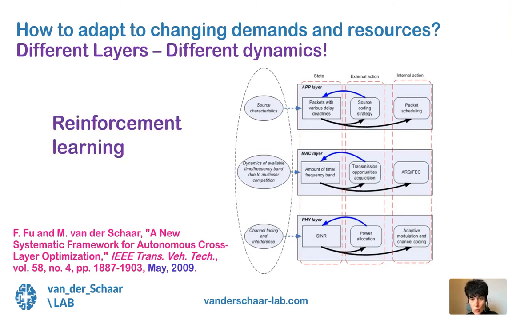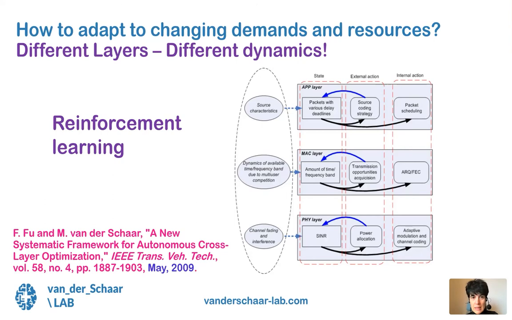Note that if we solve this problem across the different layers of the protocol stack and consider all the states at all the different layers together and all the actions, we will have an intractable, very high and complex Markov decision problem and reinforcement learning problem, which will suffer from the curse of dimensionality.